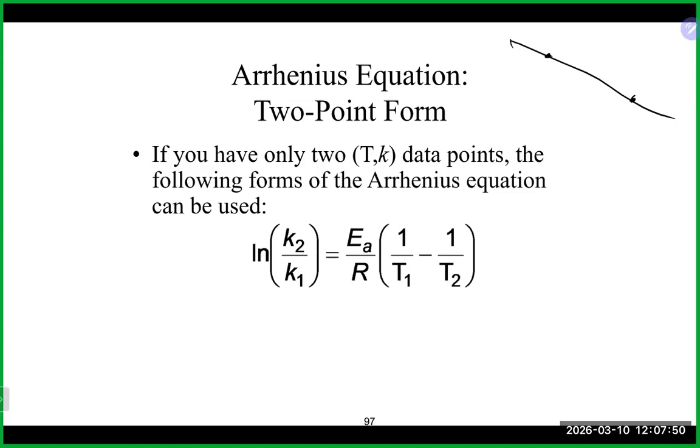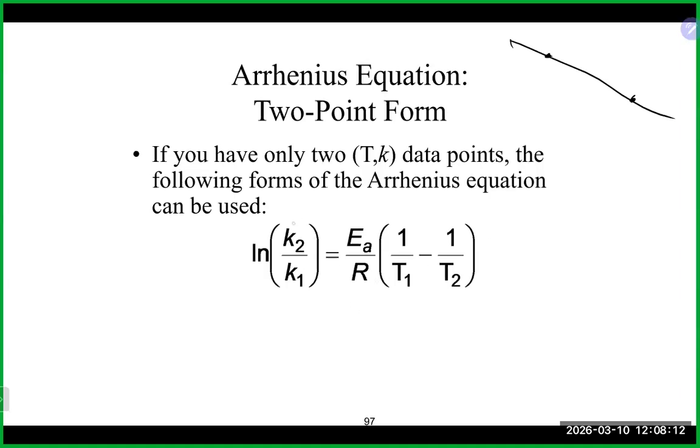Now, this particular equation, I'll be honest with you, has about 3 different versions that you'll see as you go around. Even the lab manual, I think, uses a different version than this one. But if you use any legit version of it, it will come out okay. So this is 2 points along that line.